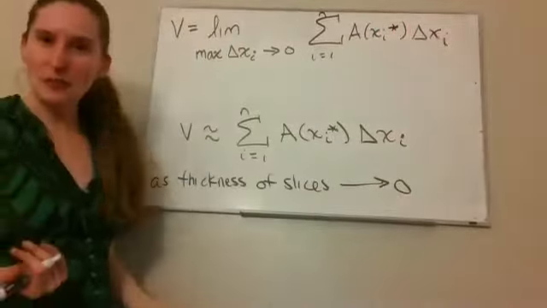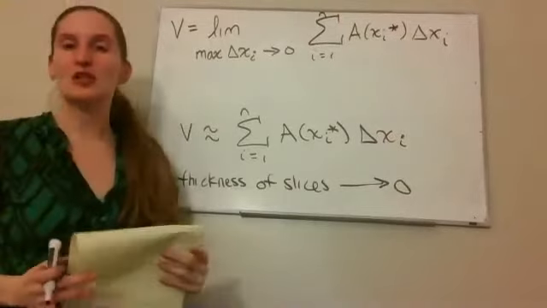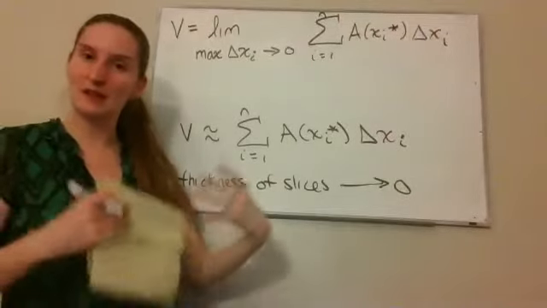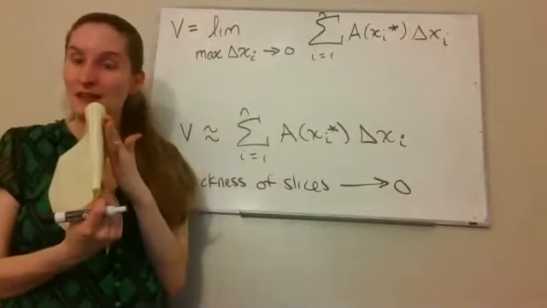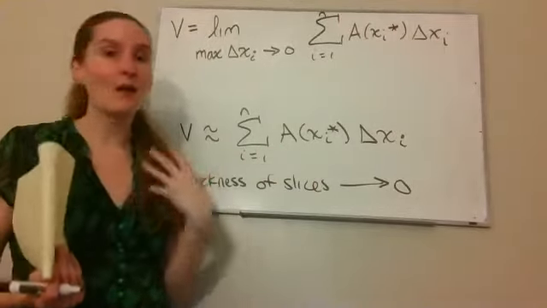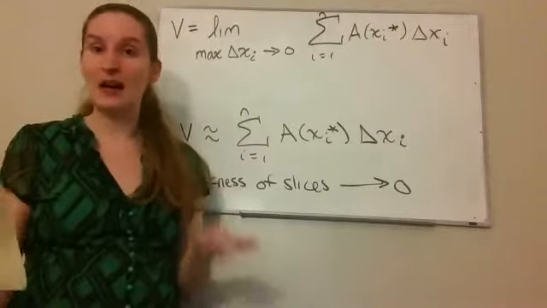And that still looks pretty terrible. But remember, when you take a limit as the number of slices goes to infinity, or equivalently as the slices get infinitely skinny, this spits out a definite integral, just like we got in doing area.